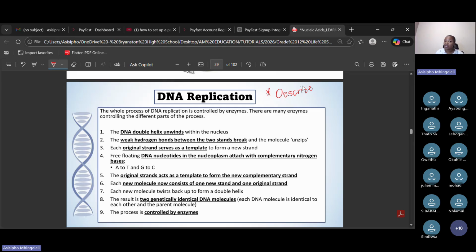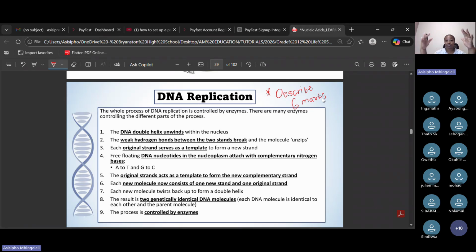And can you guess how many marks this process will be allocated for? 6 marks. We are not going to leave empty spaces, and we are not going to lose marks in DNA replication. Because once we understand and visualize the process, we should be able to write down the points.